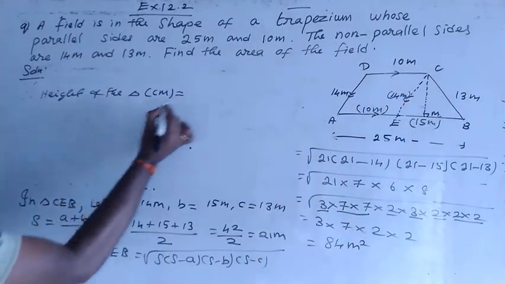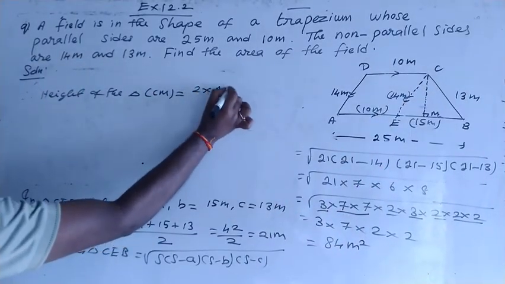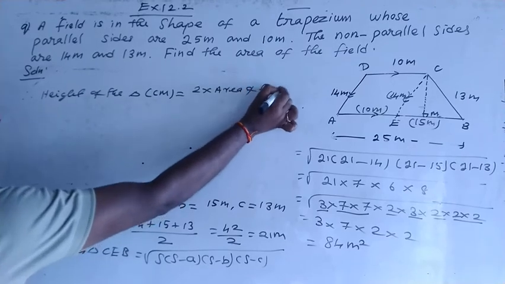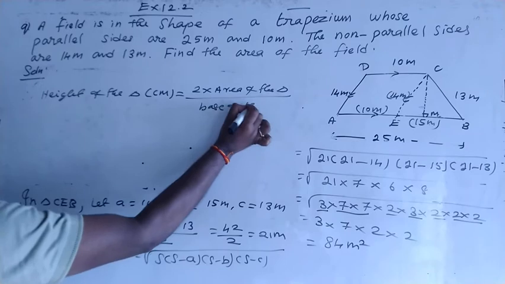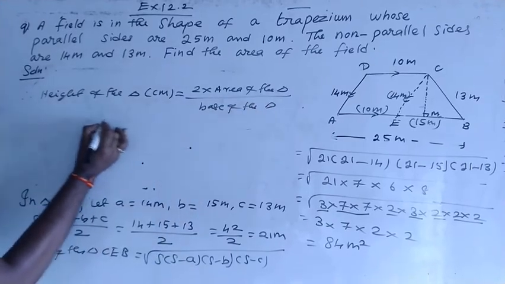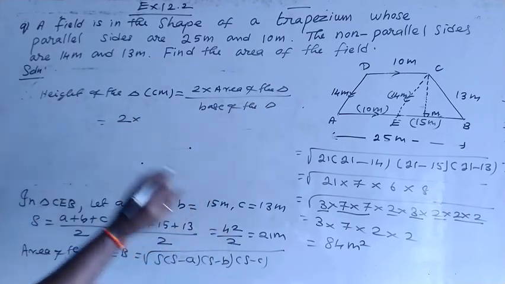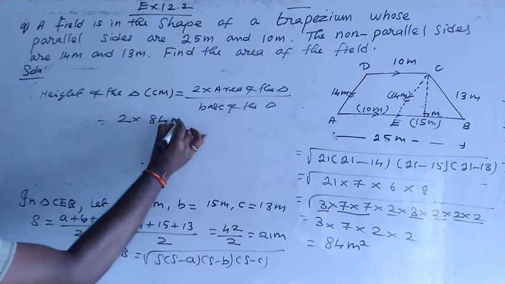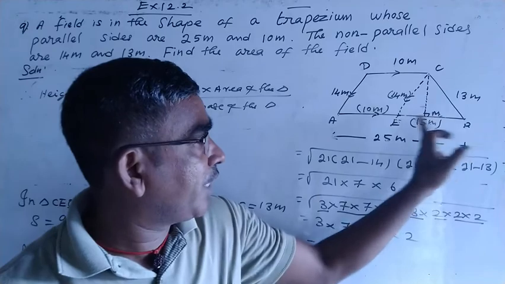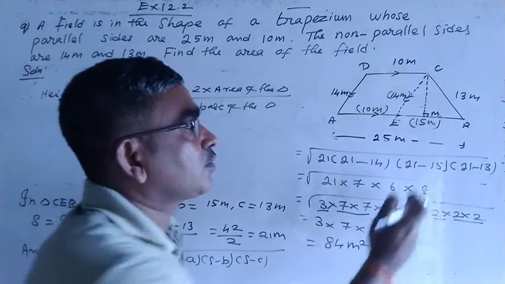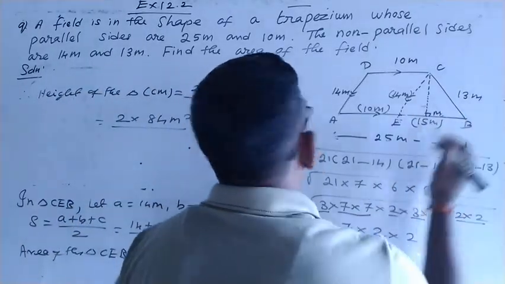CM, the height of the triangle, is equal to 2 into area of the triangle divided by base of the triangle. So 2 into area of the triangle, we know 84 meter square, divided by base of the triangle. The base of the triangle is EP. EP value we already got.